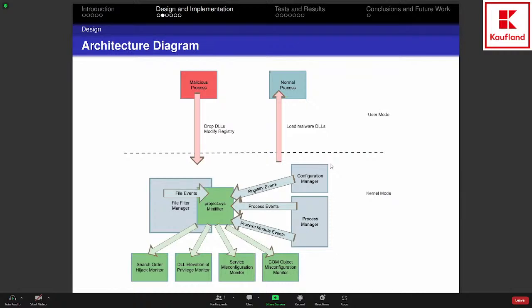This is the diagram. What I said previously: you have a driver which receives data and then feeds it to individual monitoring components. Each monitoring component is designed to detect one kind of proxy execution scenario.